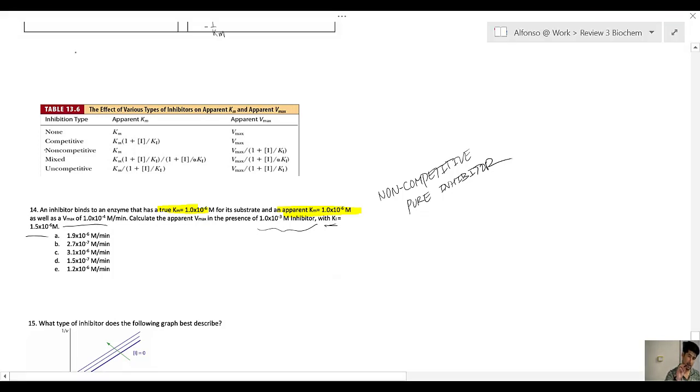And for a non-competitive inhibitor, what can you tell me about Ki and Ki prime? Ki is approximately equal to Ki prime. You can say they're the same. So if we know Ki, then we also know Ki prime.